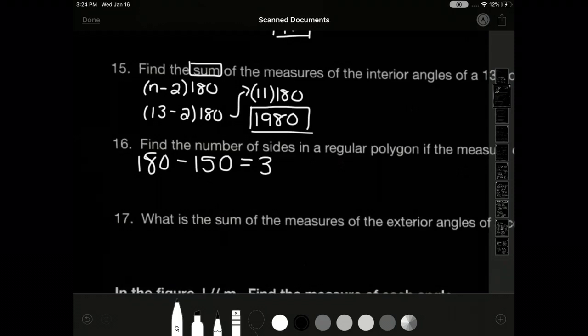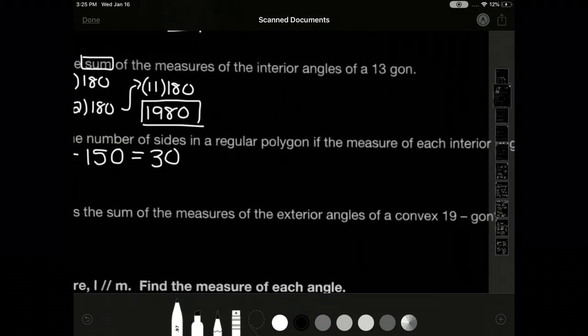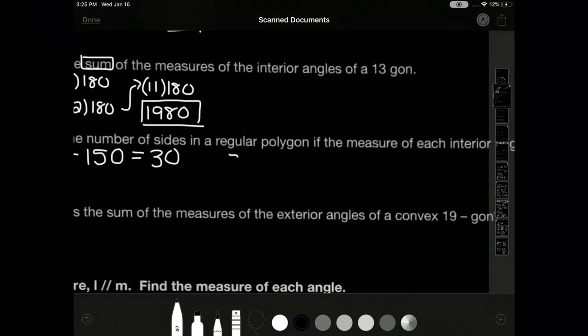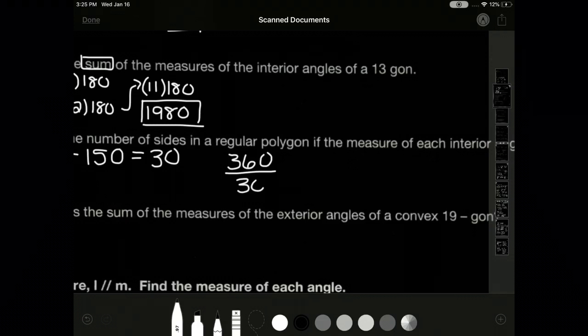There's our exterior angle measure. Now, all exterior angles, no matter how many sides a shape has, add up to 360. So we're going to take 360 and divide it by 30. So our polygon has 12 sides.